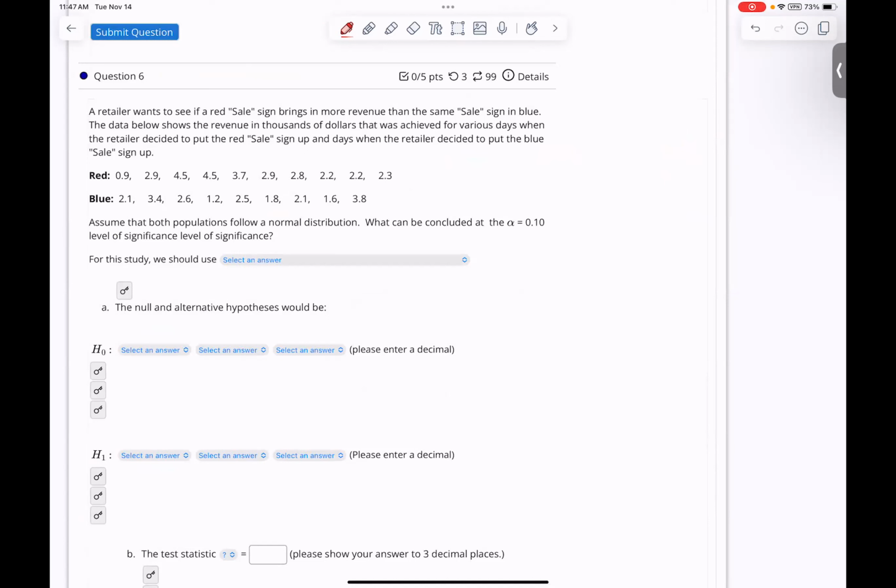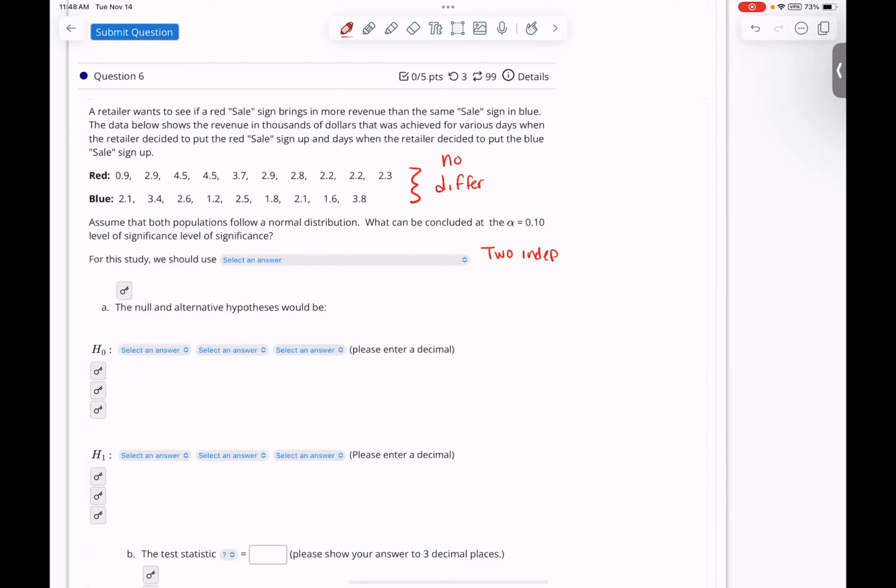So what are we going to be doing here? We're trying to determine if red is bigger than blue. So this is going to be comparing two independent population means, because they should be independent of each other. You're not doing any kind of before and after. And by the way, I know I can't do a test on differences because I have more data in the red category than I do in the blue.